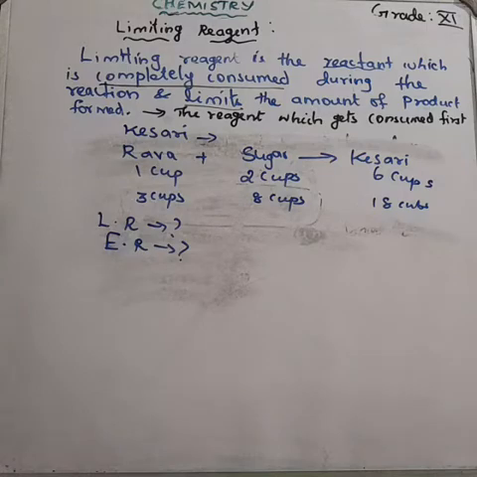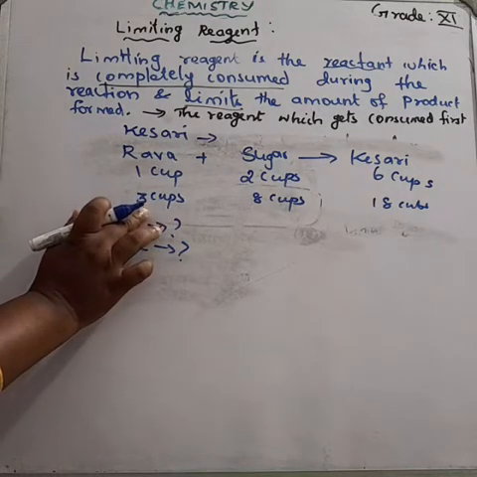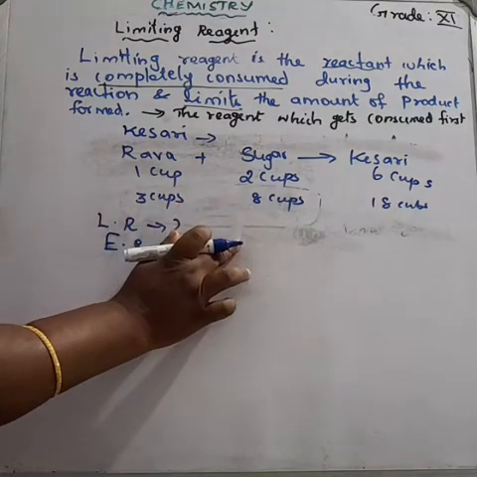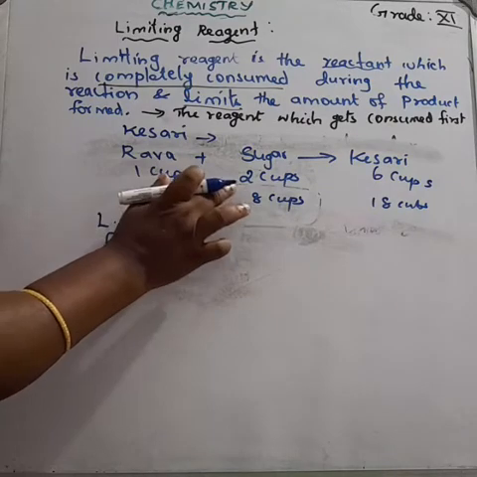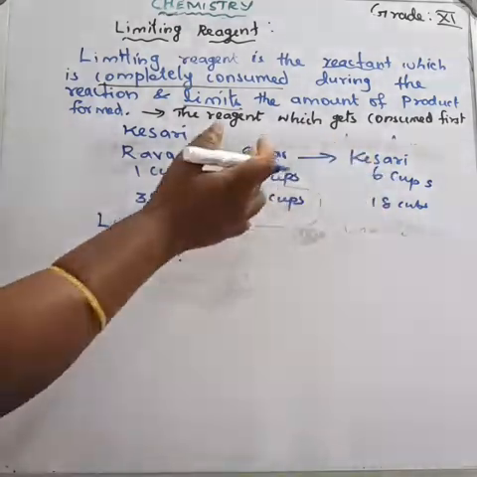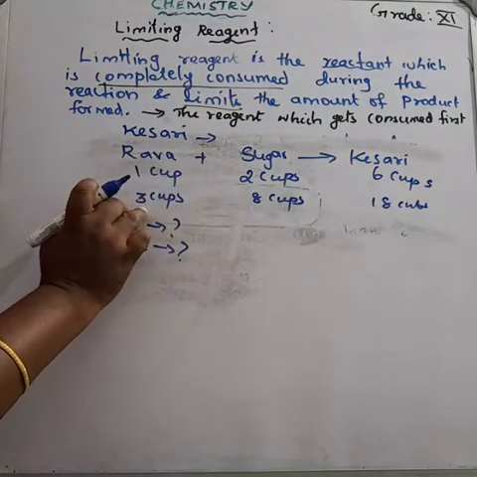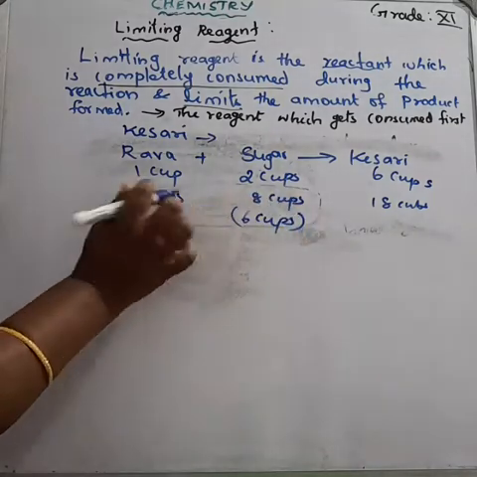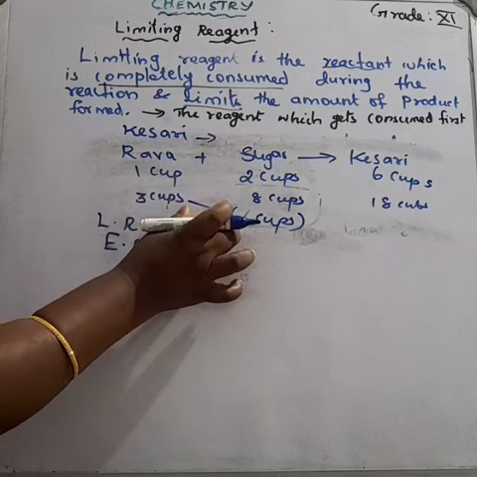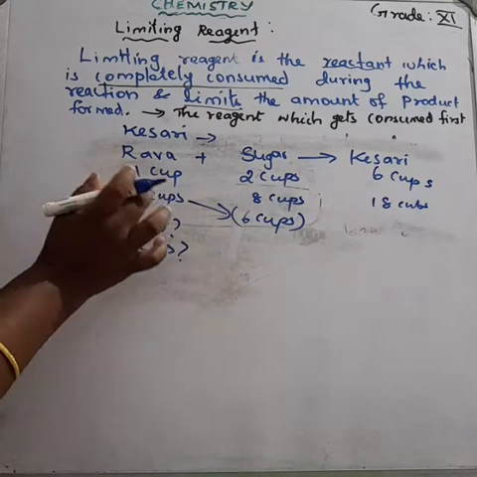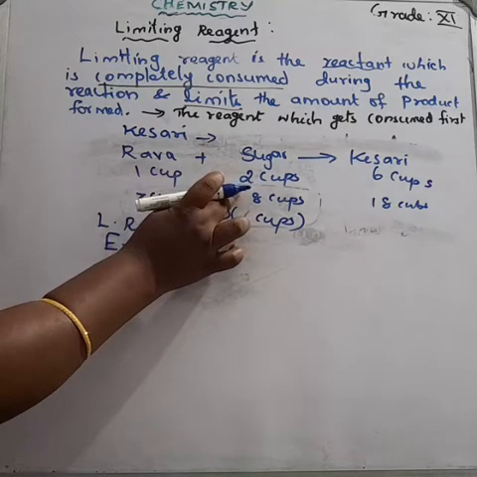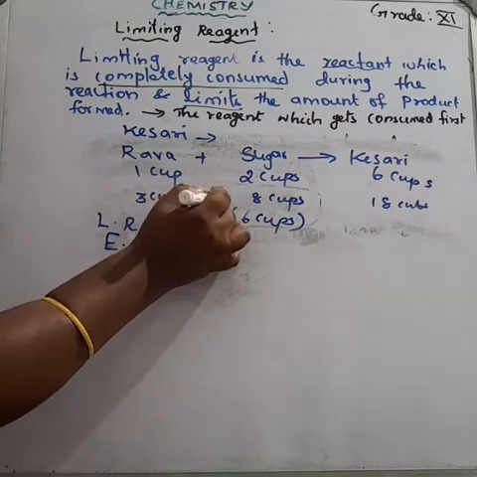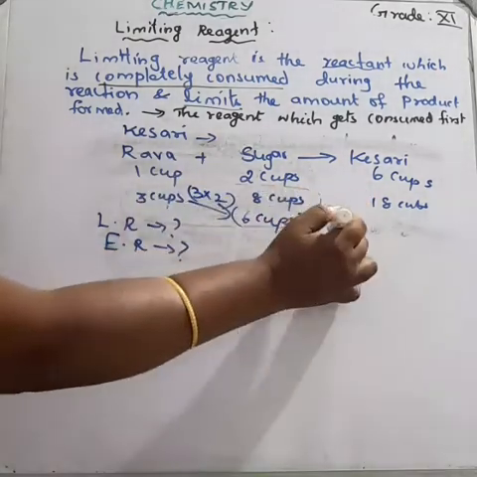Here, 3 cups of rava are added with 8 cups of sugar. 1 cup of rava needs 2 cups of sugar, so for 3 cups of rava we want 6 cups of sugar, 3 into 2, to prepare 18 cups of kesari.